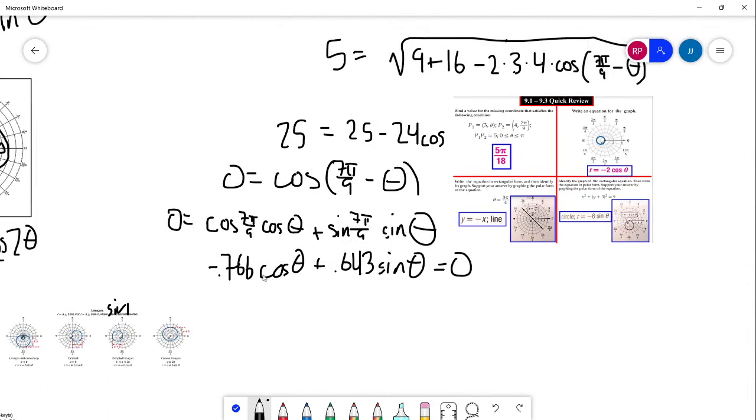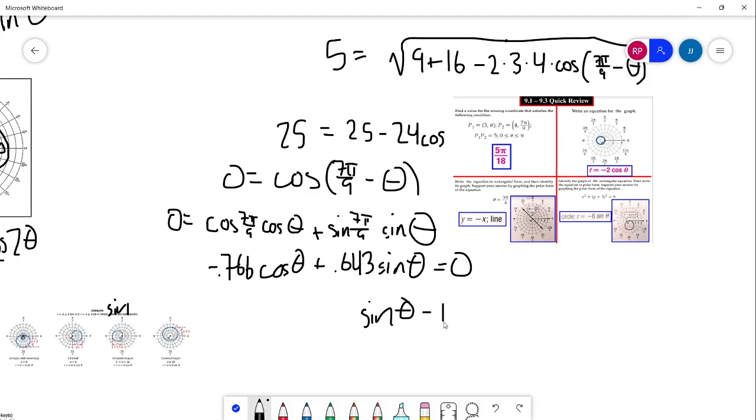So I think what we're supposed to do here, actually, is, well, this is how I would think to solve the problem, is to multiply this whole thing by the reciprocal of one of these numbers. Like, let's pick 0.643. So that's gonna make it just sine theta. And then let's switch around the equation a little bit to make it a little bit easier.